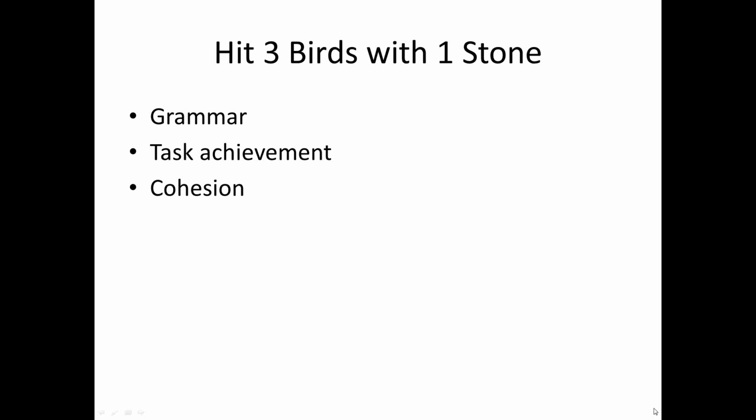Now, if they do this, it's much more likely that you're going to see that type of complex grammar that you want. You're going to see the ifs, the participle clauses. Now, whether or not they get it accurate is another question, but they're more likely to attempt it because they've got a more extended idea and they've been practicing using it.